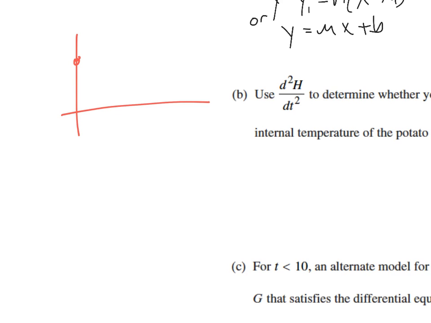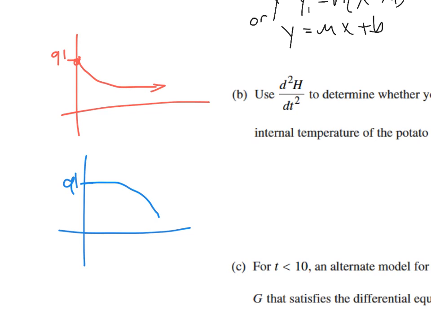We know we have 91, and we know it's decreasing. So it could be decreasing like this, or, if this is 91, it could be decreasing like this, okay? So it depends on if it's concave up or concave down.